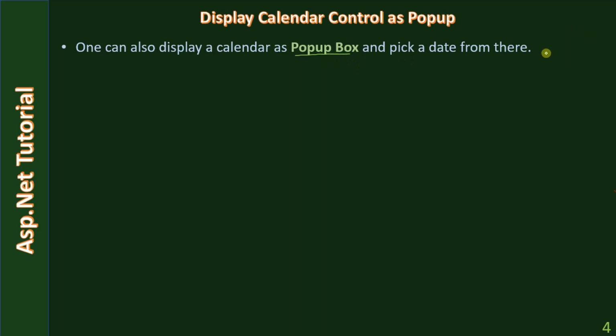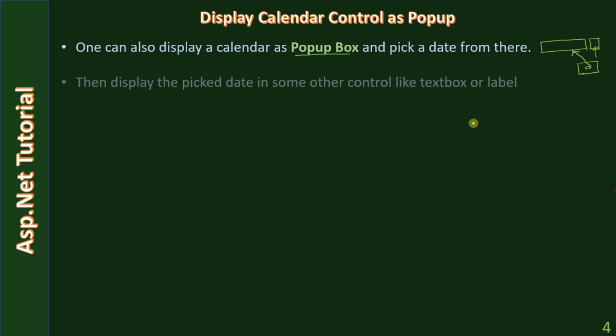Say for example, if you want to fill the date in a text box, you can place some image icon or a button, and when you click this button it will pop up a calendar control, and from there you can pick a specific date and populate the picked date in the text box. So that's what we are going to see here in this video.